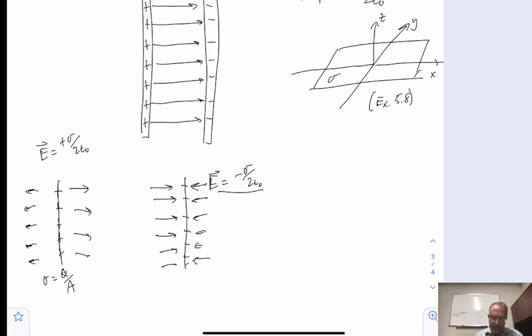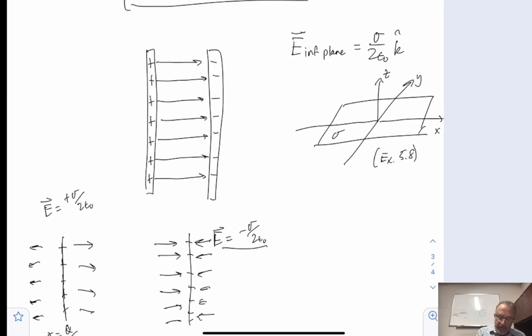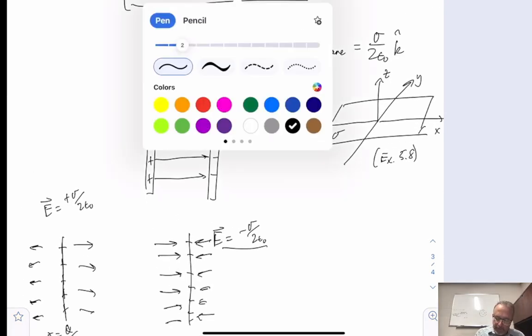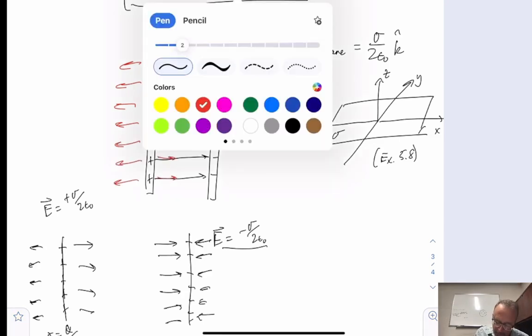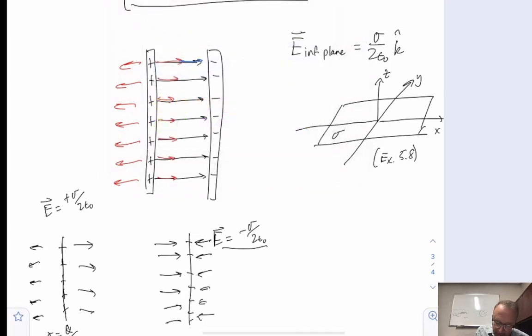Well, that means if you bring these things together, then the electric field lines, let me draw these a little bit differently. The electric field lines from the plus are red, like this. And the electric field lines from the negatives are blue, and they look like this.